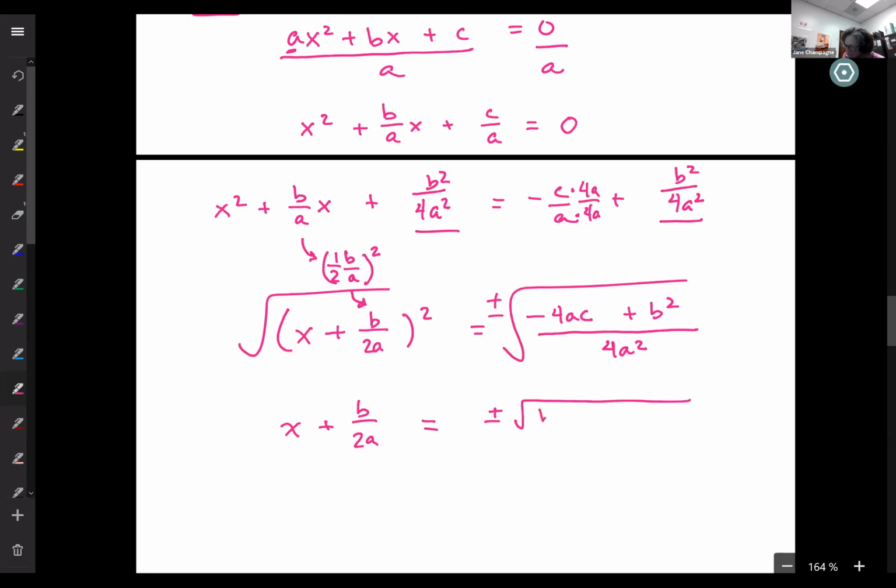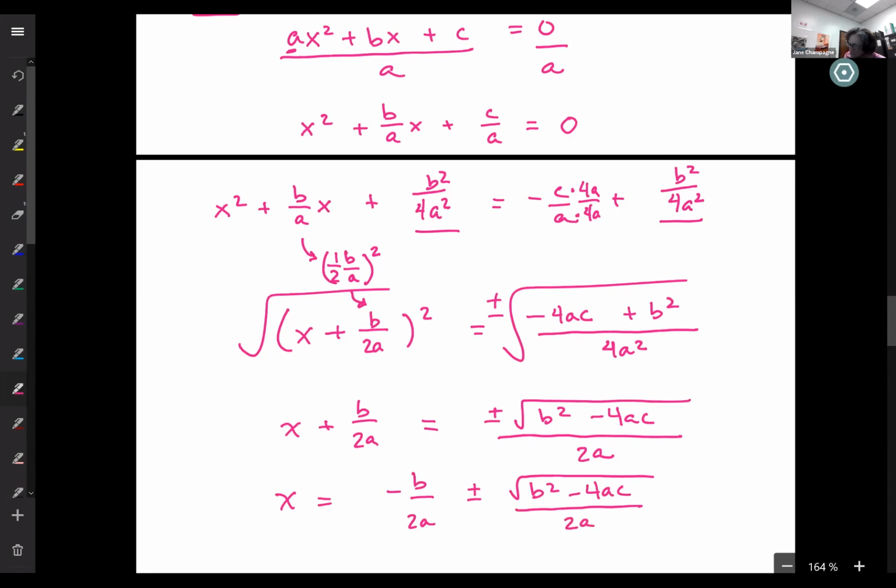This is b squared minus 4ac if I turn that around, and the square root of 4a squared is 2a. And then if I subtract b over 2a from both sides, that is essentially the quadratic formula right there.